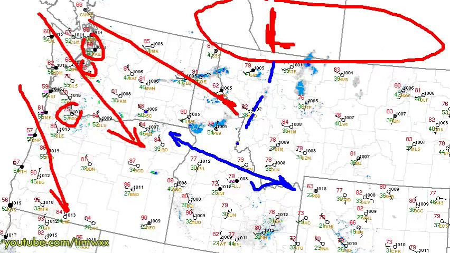So if we put ourselves down there on the ground, we see that we have probably partly cloudy skies. We know the winds are out of the west. It's 88 degrees, so it's still pretty warm, but we know that we're bringing in air from the Pacific. So we can assume that we've had a change of air mass, but we haven't completely moved in the cool air yet. So the cold front is probably only recently passed.